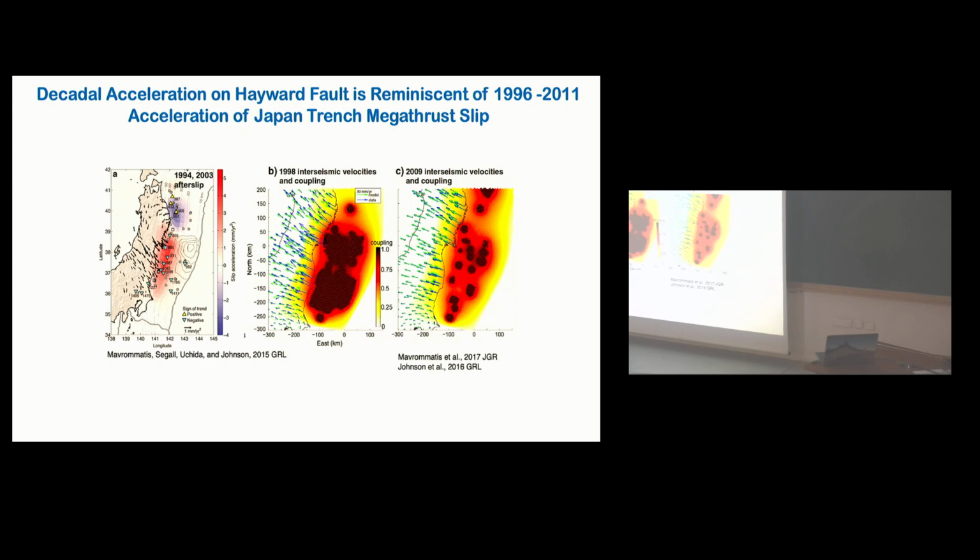So increasing slip rate on the fault surrounding the locked patches is directly consistent with shrinking of the locked patches, or is a needed consequence, right? If you shrink asperities, then if you want to keep the creep rate steady, you would have to reduce the loading rate, meaning plate tectonic convergence or loading.